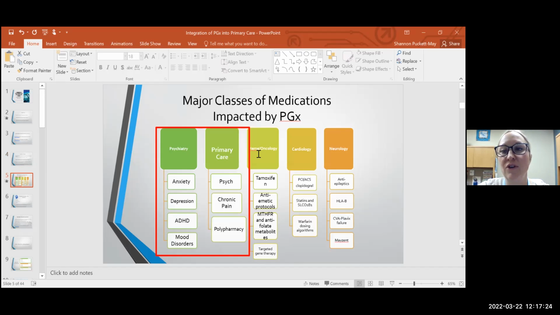So there are several classes of medications that are impacted by liver metabolism, but the main ones that we're going to focus on are in the field of psychiatry. Mostly medications used to treat anxiety, depression, ADHD, and then mood stabilizers. In the field of primary care, this is going to be our main focus today.